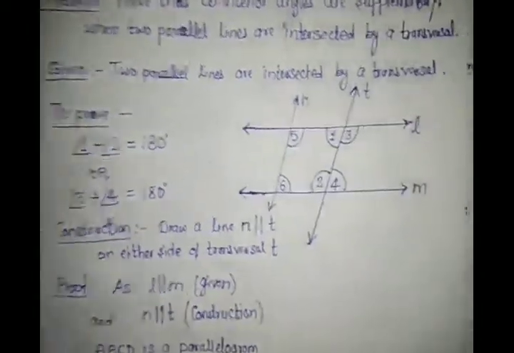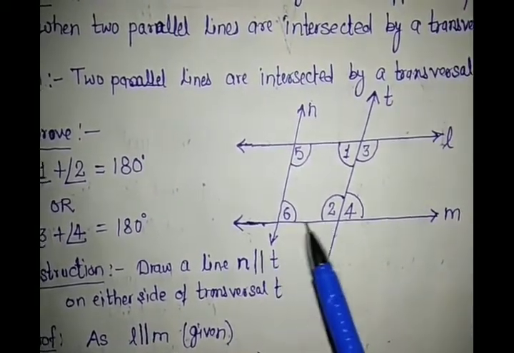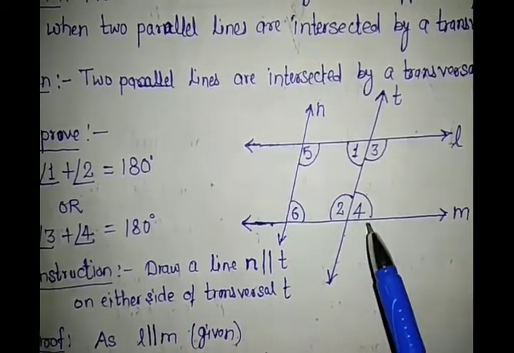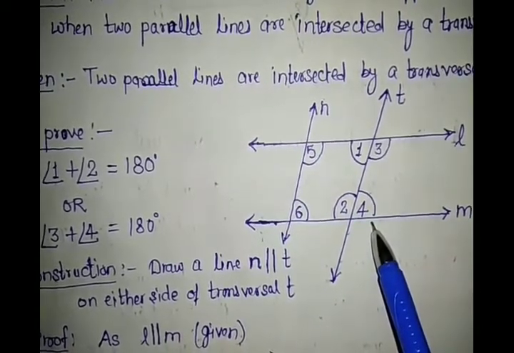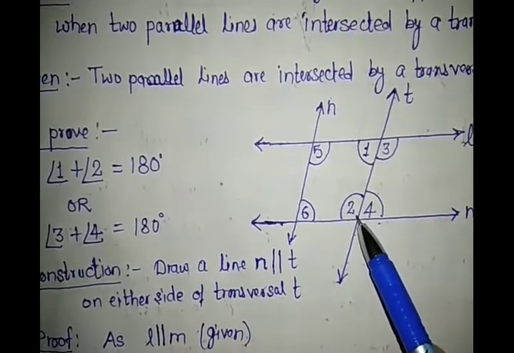Now, we are watching that this line L and this line M are parallel lines, and T is a transversal of these lines.